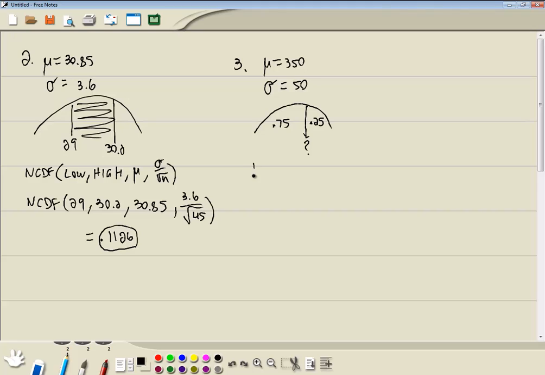We're trying to find this value here, so we'll do INV norm. The area to the left, which would be 0.75, comma our mean, comma our standard deviation.